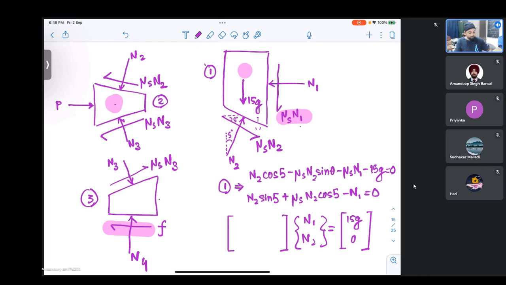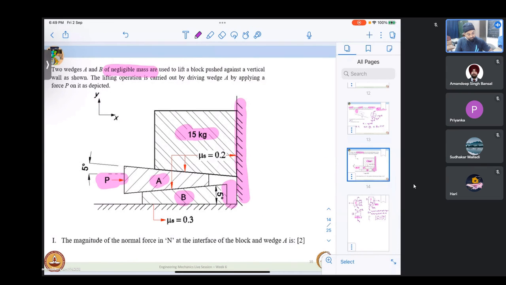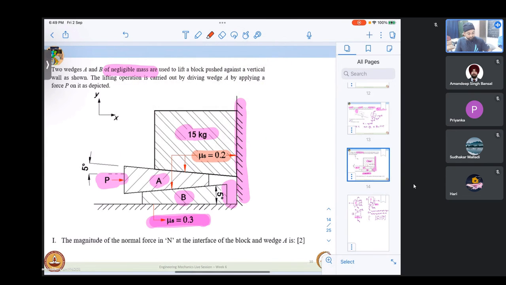The coefficient of N1 from the first equation is minus mu s. Mu s from the question is given to be 0.2 for these interfaces. And this is to be kept in mind that here it is different and here it is different.